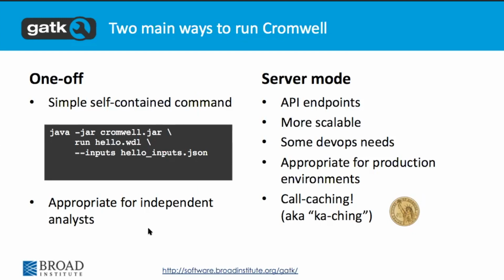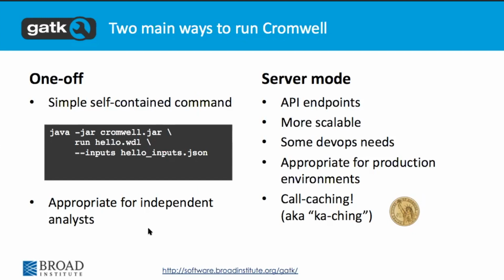And this server has many useful API endpoints, including, for example, you can request your workflow to be run. You can query it. You can see what the status is, what the timing is, and so on.